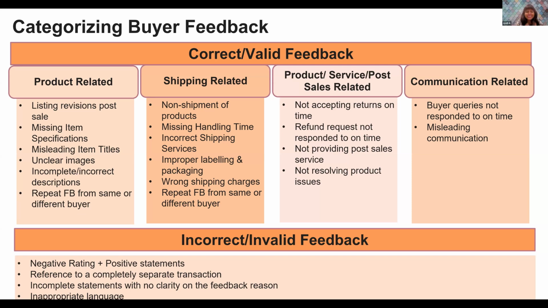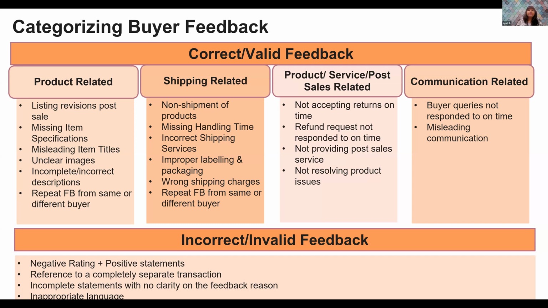So, by systematically categorizing the feedback that your buyer has left for you, you as a seller can quickly pinpoint areas that require attention. You can prioritize issues and enhance the overall customer experience, right? So, how does categorization help you?